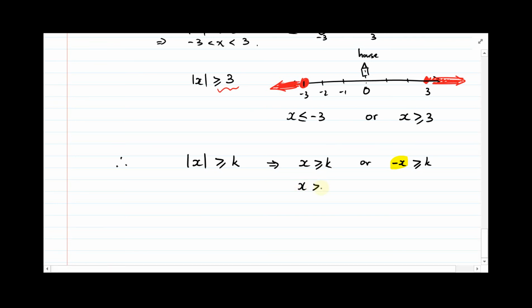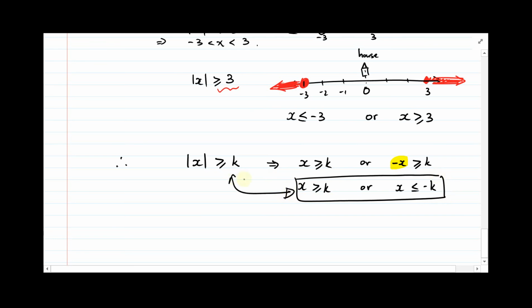But typically your textbook will define this as these 2 parts. So your textbook will go from being given the absolute value expression greater than k, a positive or non-negative number, and then we solve by using the combined inequality with the word OR. Recall that OR was a union. Okay?